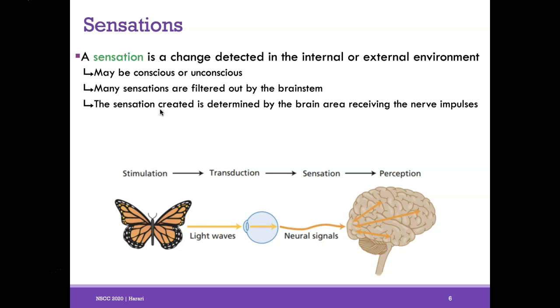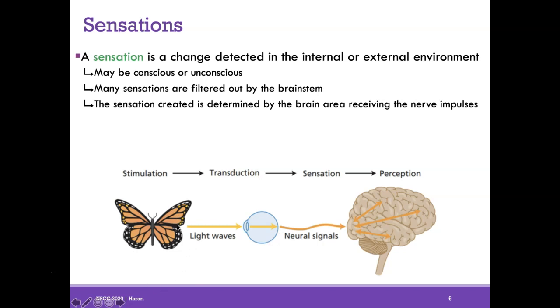In the case of a light stimulus, so let's say I'm visualizing this butterfly, and the way that the light is bouncing off of this butterfly is hitting my retina in the back of my eye. So there's a pattern of action potentials that are generated when I see this butterfly. And those action potentials, right, were transduced.